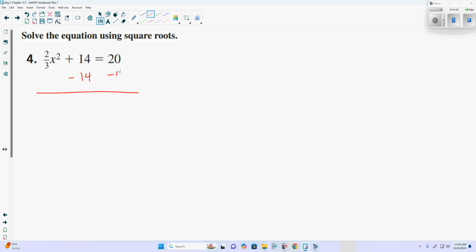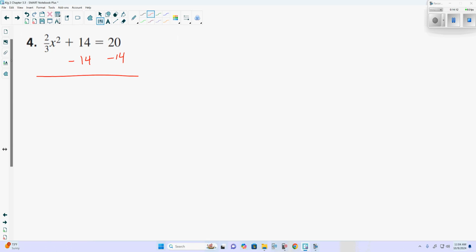We can subtract 14 from both sides, which will leave us with the 2/3 x squared by itself is equal to 20 minus 14, which is 6. Our squared term is not by itself, so what do we need to do next?